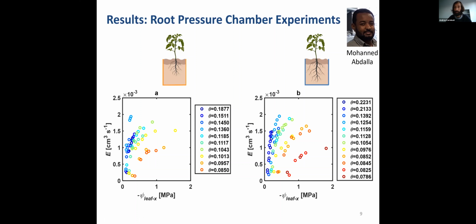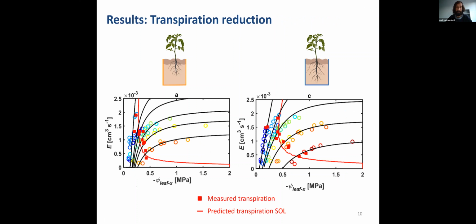Now, we also measured the transpiration reduction during soil drying with non-pressurized plants. And the results are the red squares shown here. And in this figure, we show many things. It's a bit complicated. So we show the results before. Then we have the solid lines.